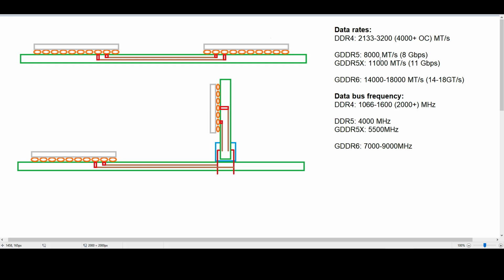apart from GDDR6X, these all use the same signaling scheme where when the clock goes from 0 to a 1, or from 1 to a 0, we can encode a piece of data. So we would stay at a 0 for one state, or we'd change the state on what's called the clock edge to indicate a different state.